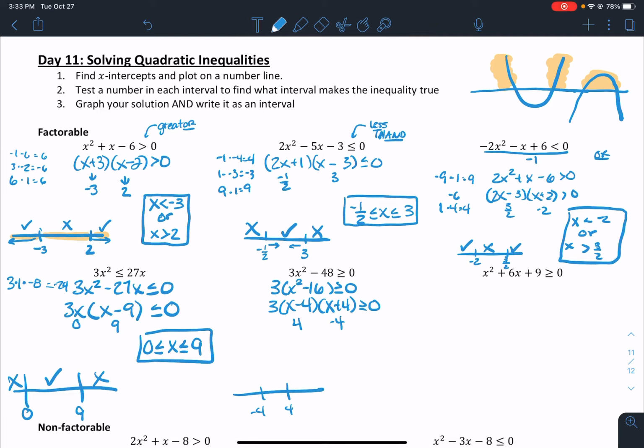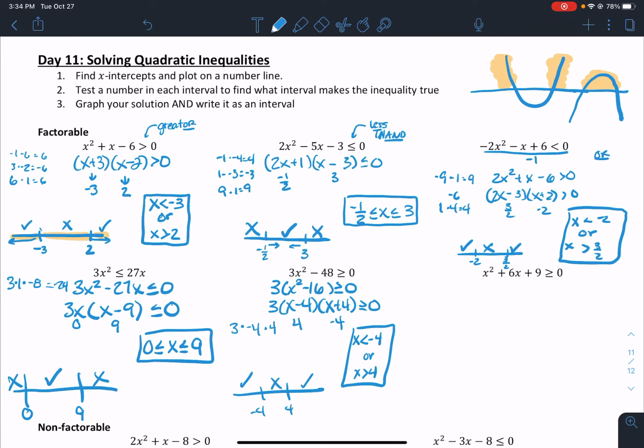I'm going to test 0, so that'd be 3 times -4 times 4. So that would be -48, which is not less than 0, not greater than 0. So that's a no in the middle and a check on the sides. And that would tell me that either x is less than -4 or x is greater than +4.